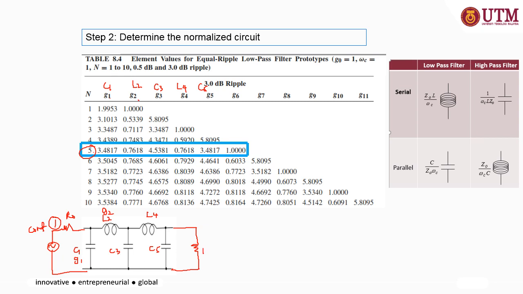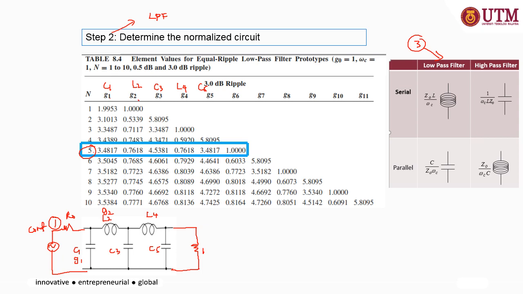Okay, normalized one. Once you have this, to get the actual circuit, step 3, you need to refer to the filter transformation table. Remember, the second step always produces the low pass filter normalized circuit. Then to convert this into a high pass filter, refer to the transformation.